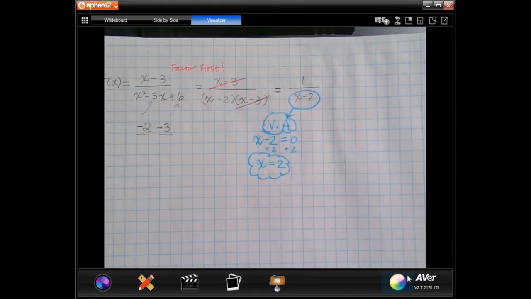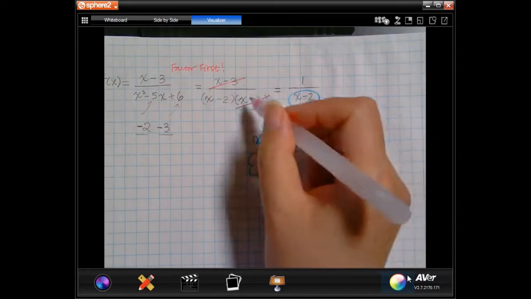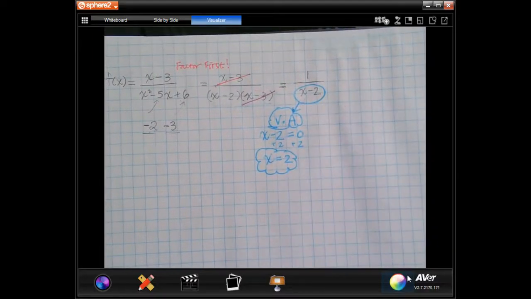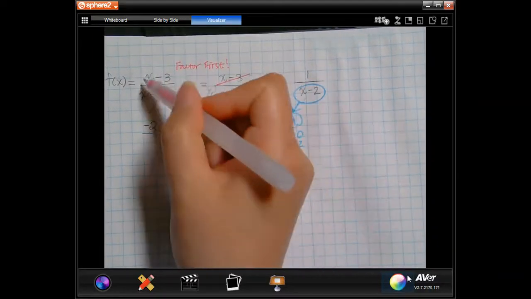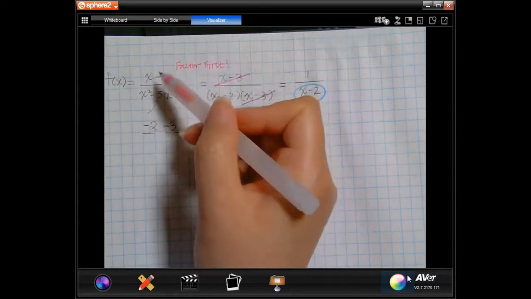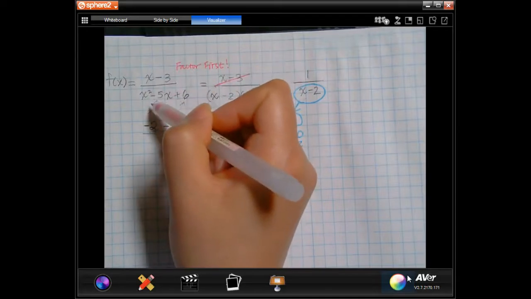Then the other asymptote that I have to find is the horizontal asymptote. Now I will go back to the original equation here. What I focus on looking at is the degree of each side.